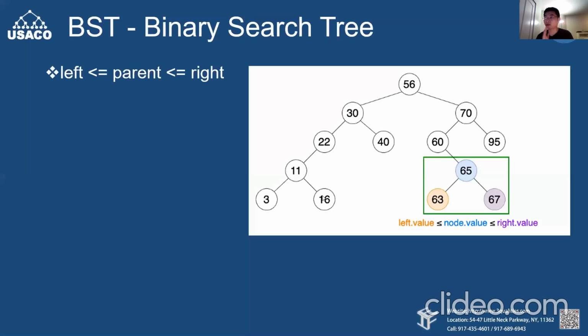And to repeat the feature of the BST again: every left node is smaller than or equal to its parent, which is the middle one, and the right side node is always bigger than or equal to the middle.